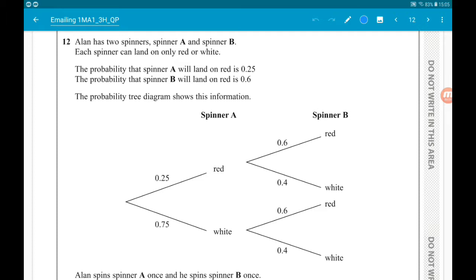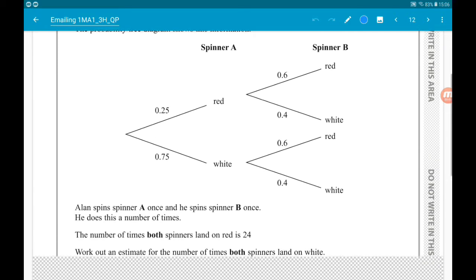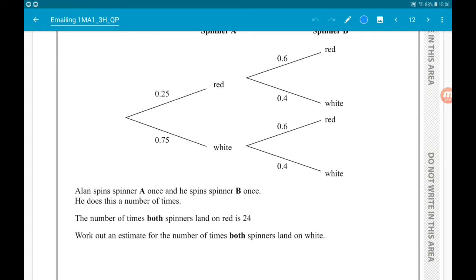The probability that spinner B will land on red is 0.6. The probability tree diagram shows this information. Okay, so it's all already done for us, so that's nice.